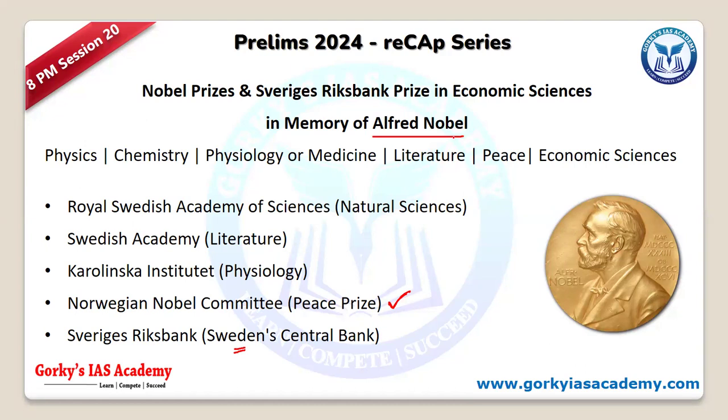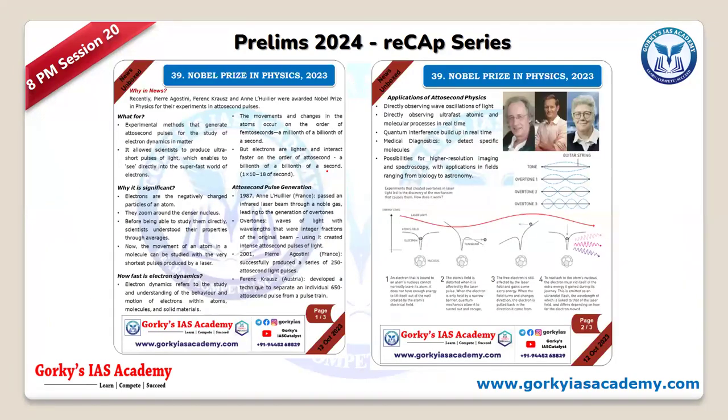That's the reason why he left out mathematical science and chose others, especially physics, chemistry, physiology, peace, and so on. So anyway, this is how the Nobel Prize was started, and we'll see them one by one.